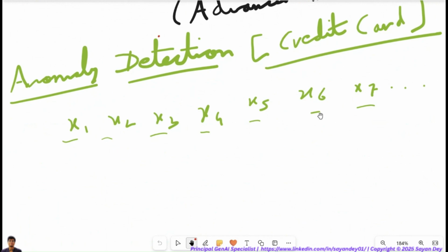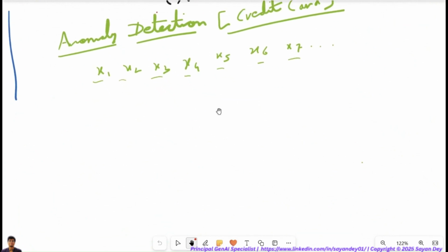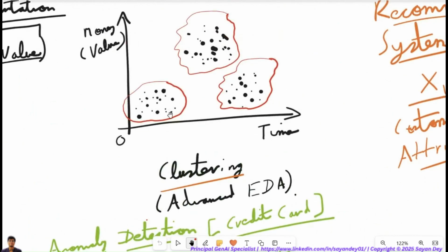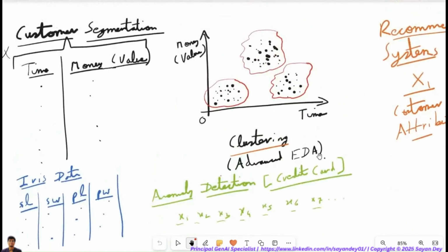You only have unlabeled transaction-level data, and you're trying to find groups or clusters of similar transactions and identify outliers. If lots of transactions are like this, and there is one transaction way out here that is very different, then most likely it's a fraud. That's the filter. So this is one of the ways of doing unsupervised learning, clustering.